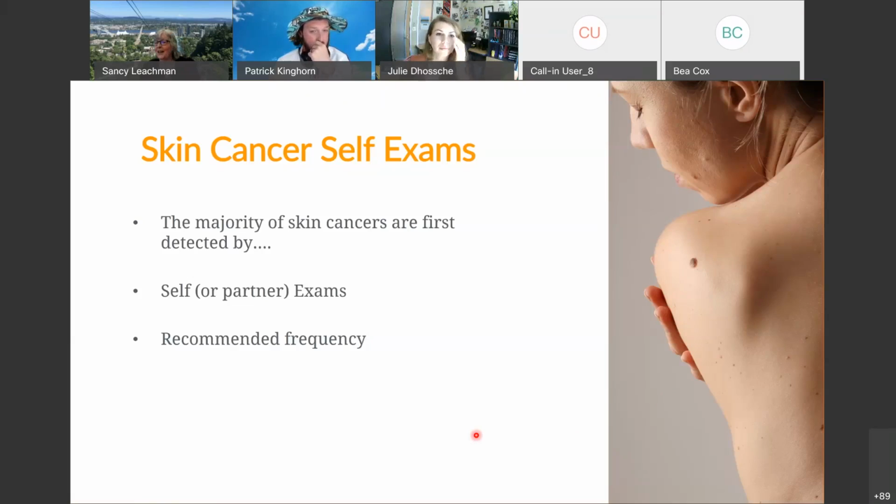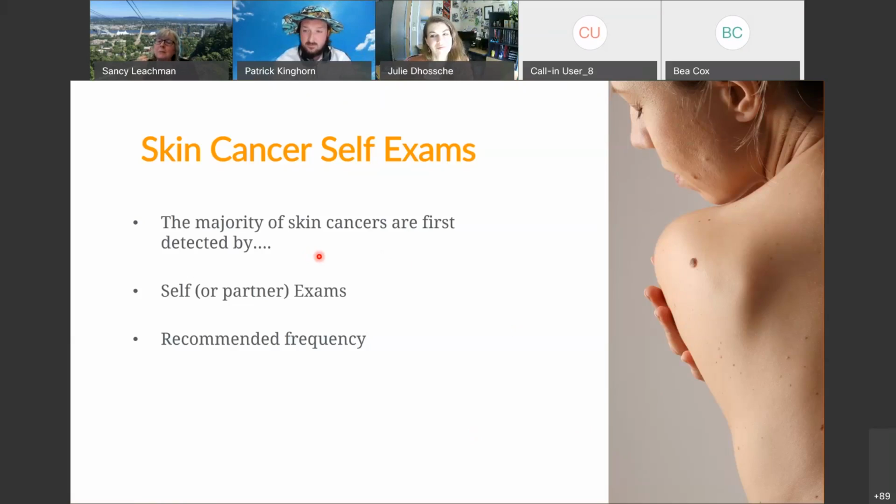And so I'm going to ask another question for everybody to think about. The majority of skin cancers are first detected by whom? It's actually the majority, 70% of melanomas. Now, I don't know about all skin cancers because, like we said, we can't track those as well.